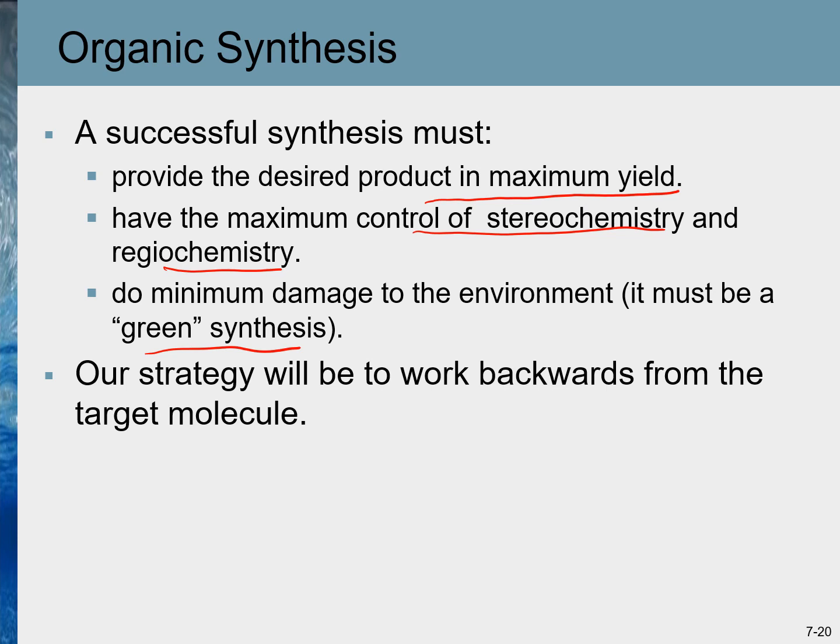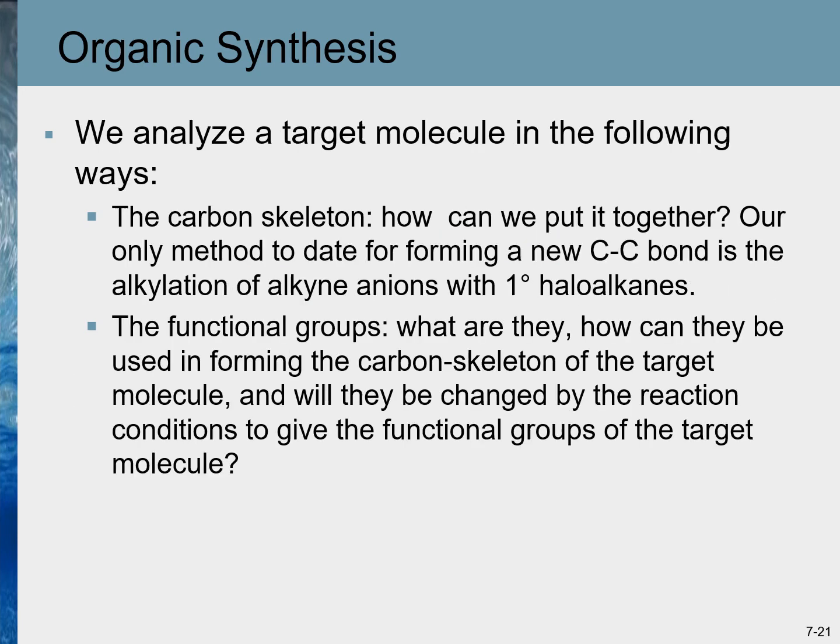First, we will analyze the target molecule, and then we work backwards, and we will figure out how this target molecule can be synthesized from any particular starting material. While designing an organic synthesis reaction, we analyze the target molecule in the following ways. Remember, the target molecule is the one which we want to synthesize.